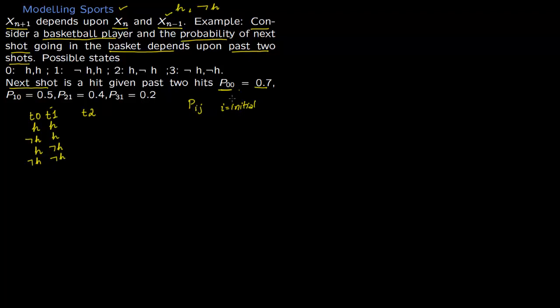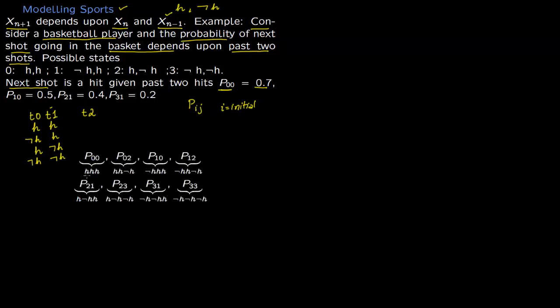P00 means the first 0 corresponds to these two hits, H and H, and the second 0 corresponds to these two hits. Notice that there has to be a common shot in between, only then can you paste them together. 0 means the last two hits and then there is a hit. So P00 is given to you as 0.7.